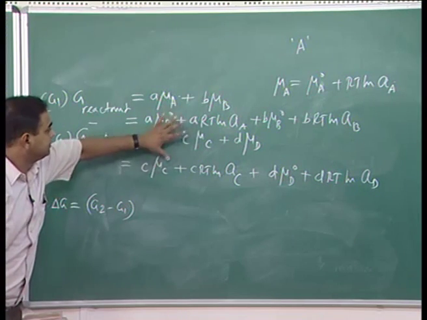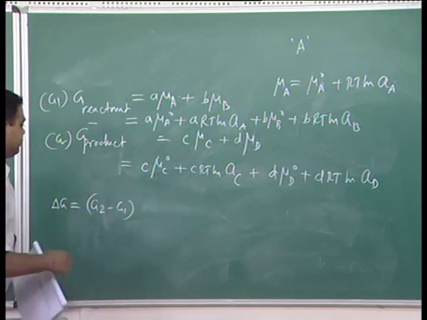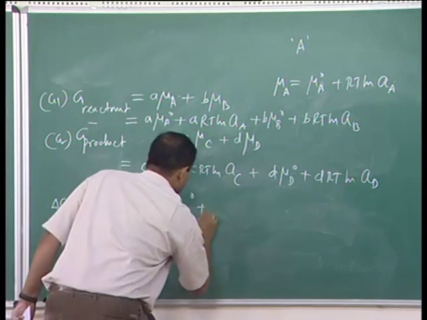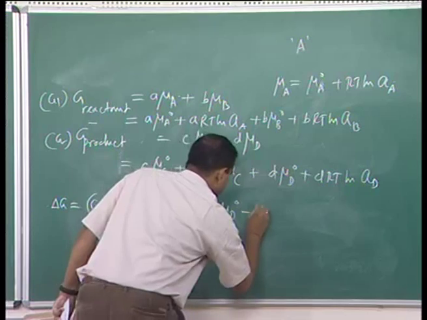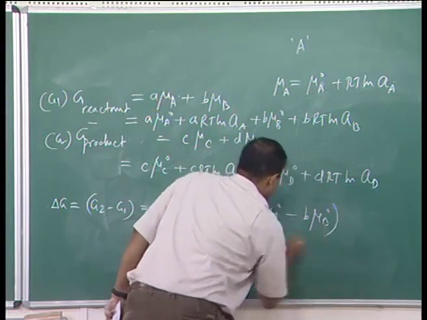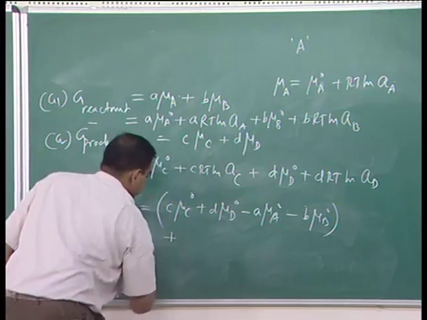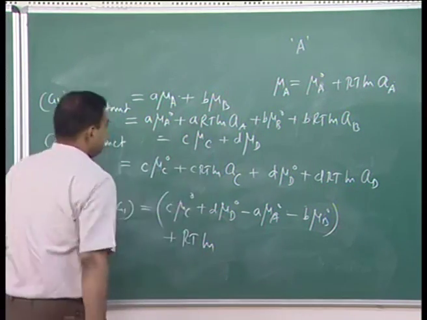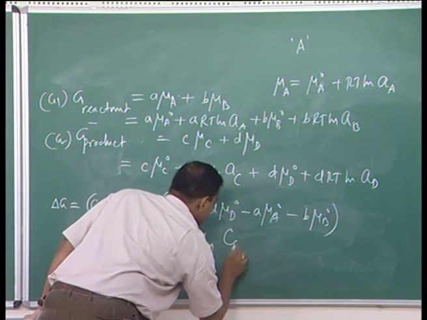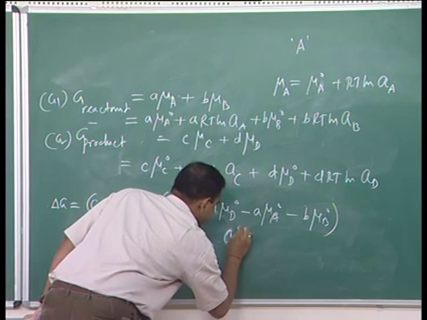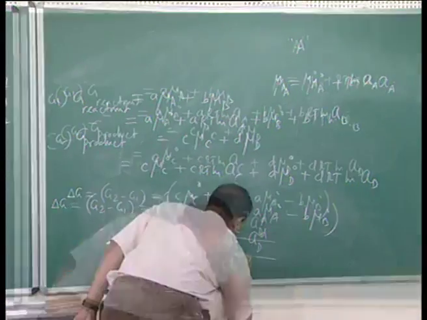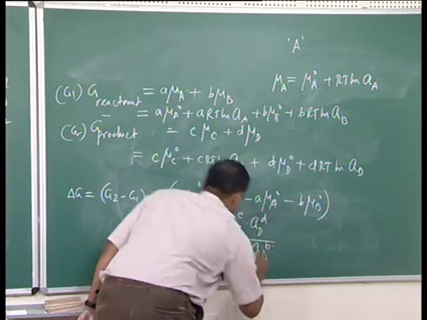If you do the simplification, then you would get c mu C 0 plus d mu D 0 minus a mu A 0 minus b mu B 0, plus RT ln, where you take each term to the power of its coefficient: a C to the power c, a D to the power d, divided by a A to the power a, a B to the power b.